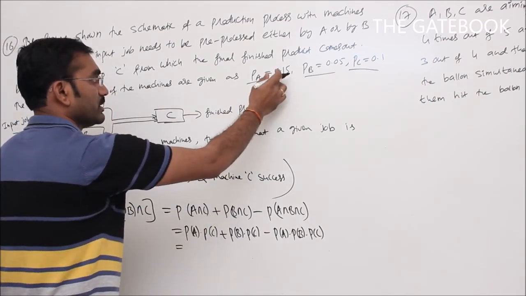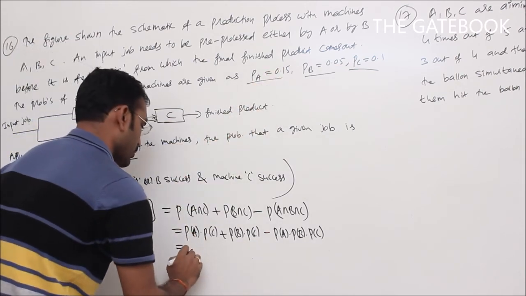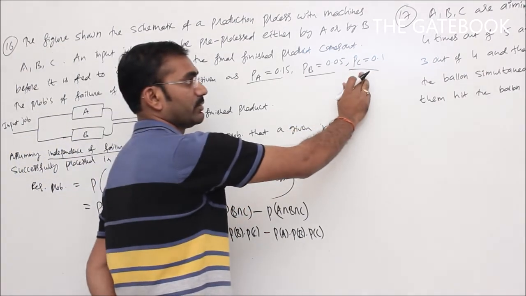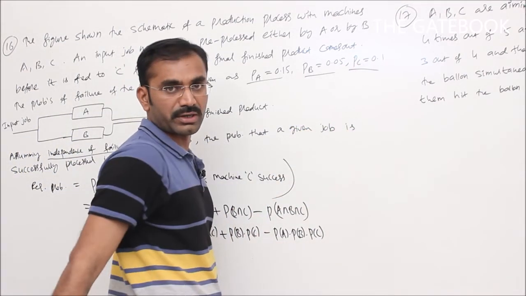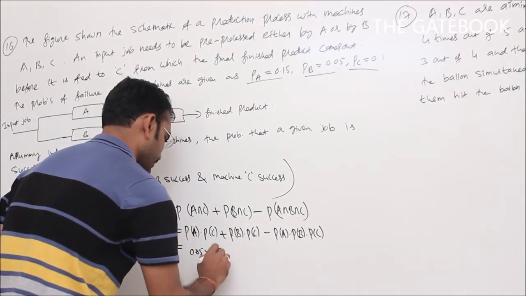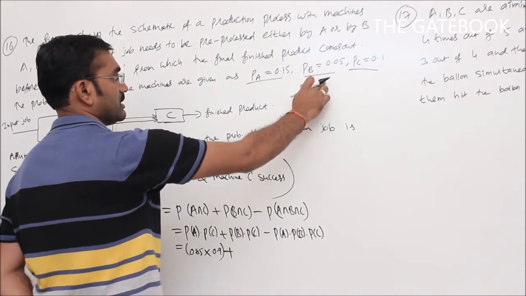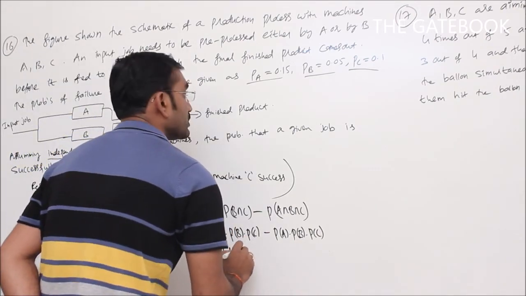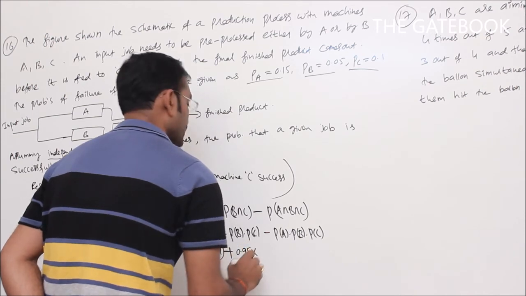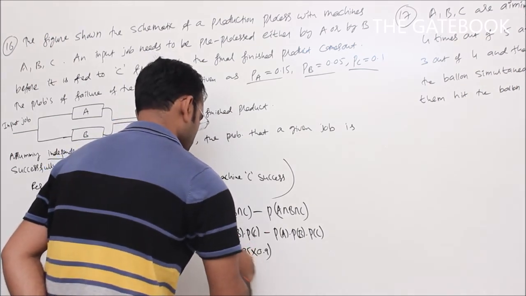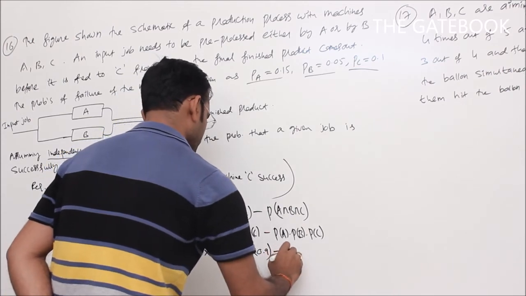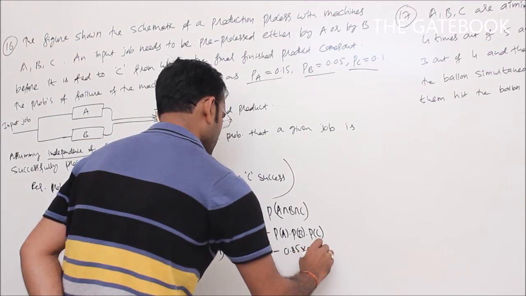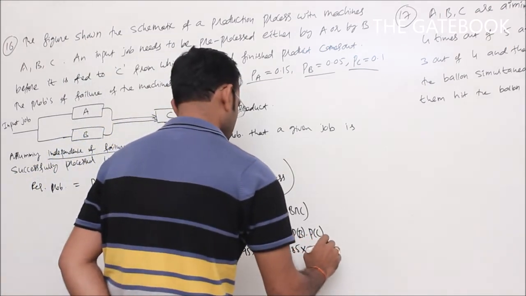So 1 minus 0.15 gives 0.85, into P of C success. P of C success is 1 minus 0.1, which is 0.9, plus P of B success, 1 minus 0.05, which is 0.95, times P of C success 0.9, minus P of A success 0.85 into P of B success 0.95 into P of C success 0.9.